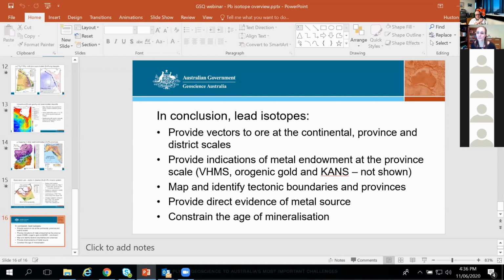I think it's been proposed before that you can use lead isotopes of groundwaters as an exploration vector. So you're looking for anomalies, and you look for less radiogenic lead in this situation, because that would be the initial lead that you see in the ore bodies, whereas the groundwater that's circulating with normal rocks would have more evolved lead.